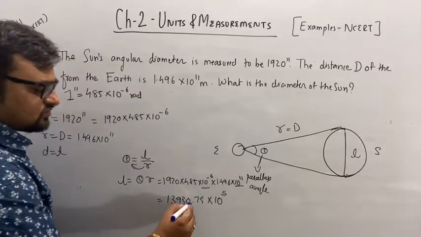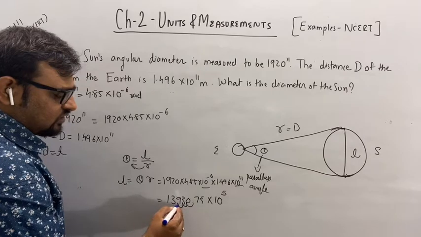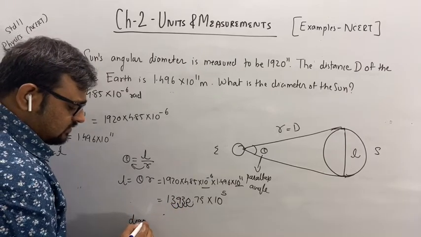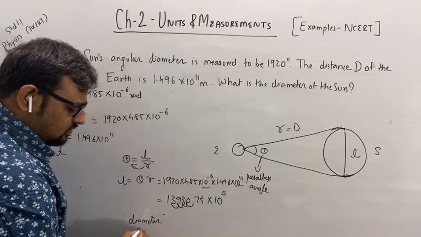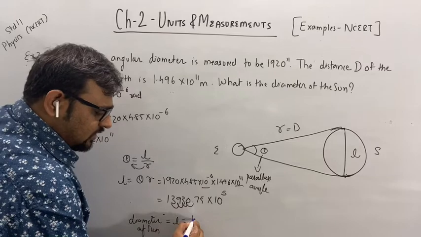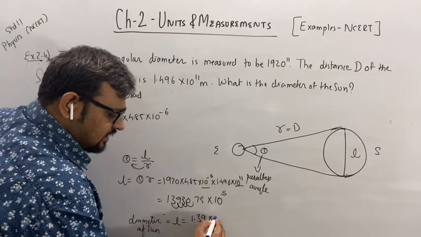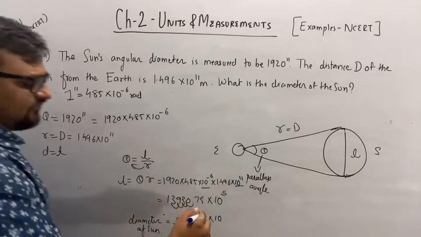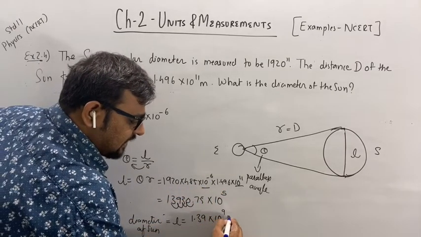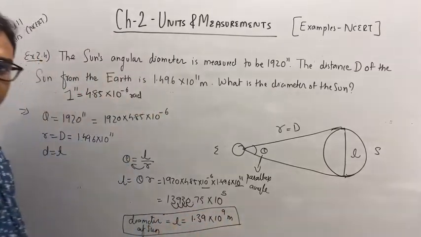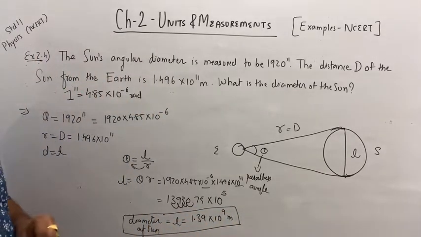Now the standard format: shifting the decimal 4 places to the left, I need to add it, 5 plus 4, 9. So the diameter of the sun L equals 1.39 into 10 raised to 9 meter. Clear? So just note down example 2.4.